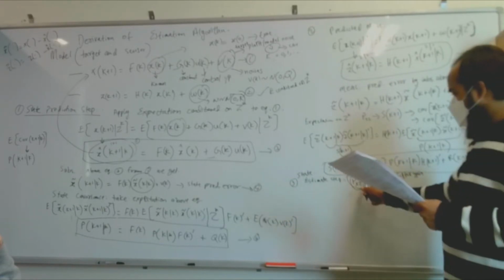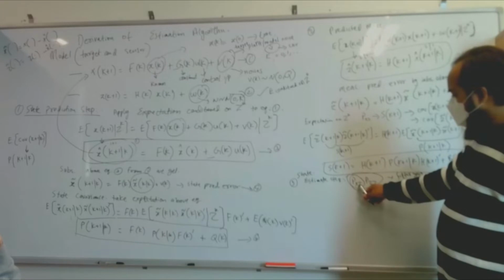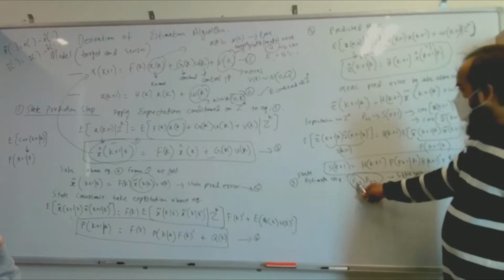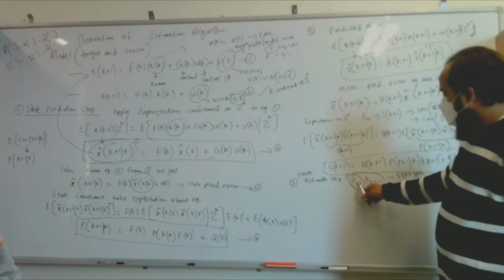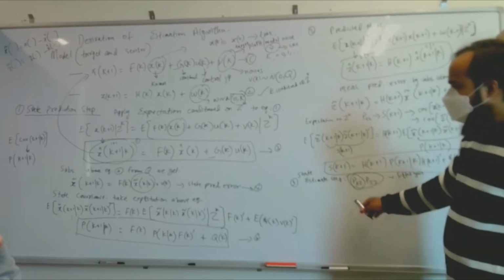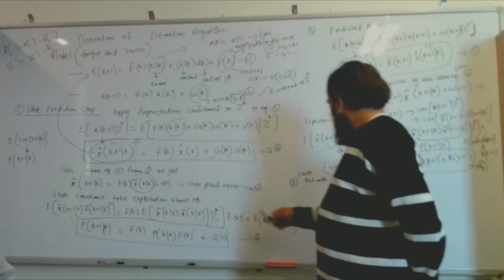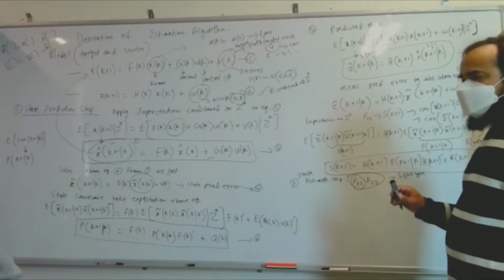So what is PXZ? Similarly, it's a cross covariance. This is a cross covariance of the x and z. Similarly, we have to take the expectation over the x and expectation over the z.